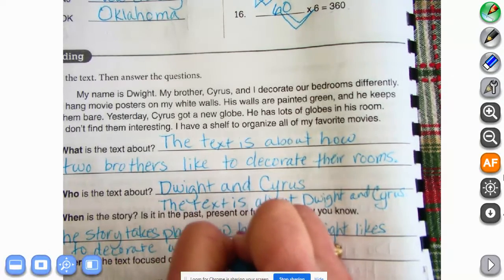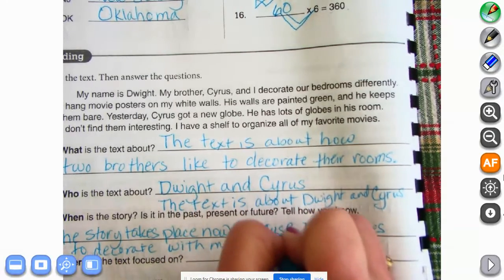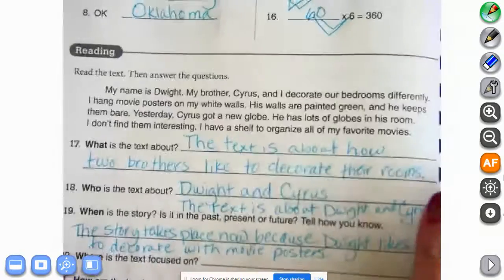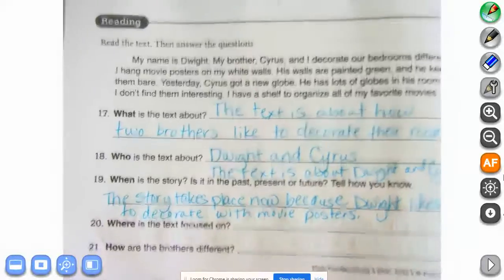With movie posters. And you wouldn't have movies a long time ago. So that might be one reason. You might have another reason why you think.